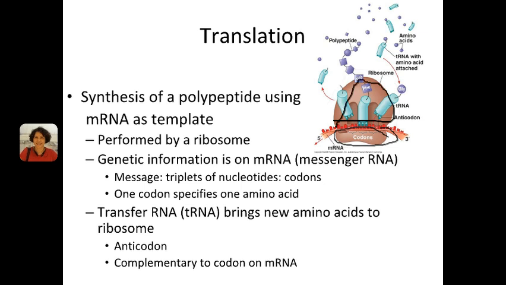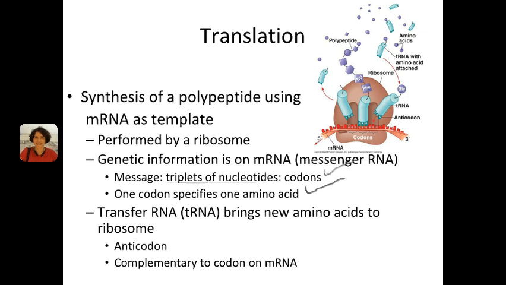The information that is being translated is found on the messenger RNA molecule. We see that here in red. So the messenger RNA is going to be read by the ribosome. The message is in the form of nucleotide triplets that are called codons, and each codon specifies one amino acid. Now, how are these amino acids going to get to the ribosome?